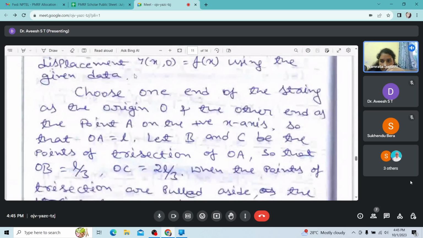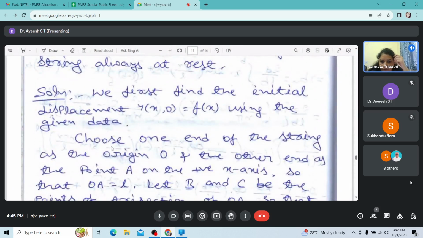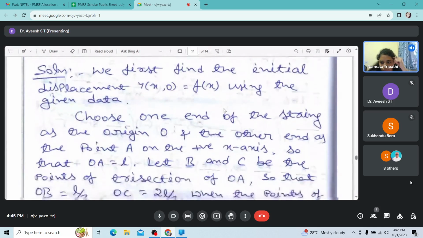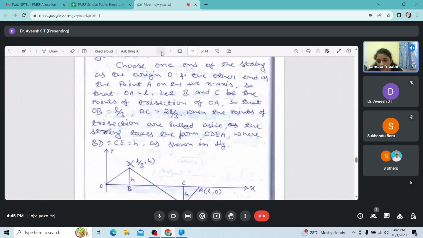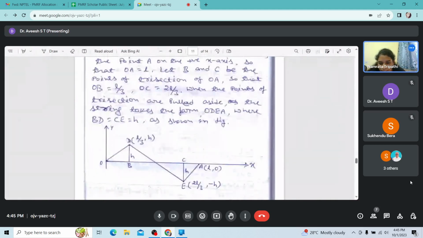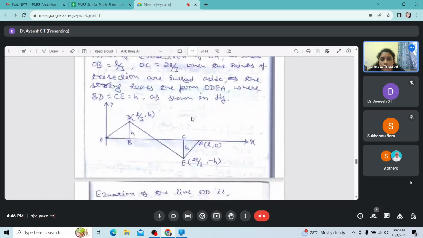We first find the displacement using the given data. Choose one end of the string as the origin, and the other end is point A on the positive x-axis. OA is L, and B and C are the points of trisection of OA. OB is L by 3.